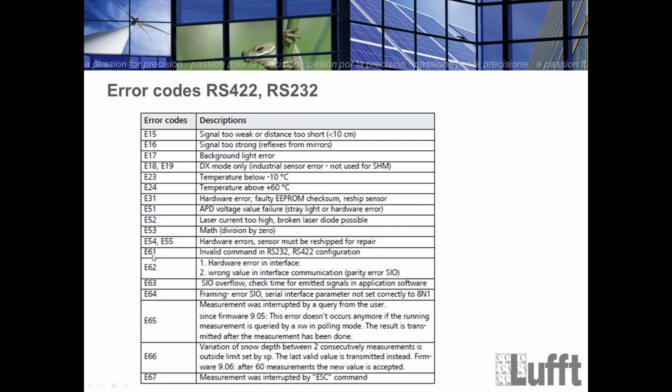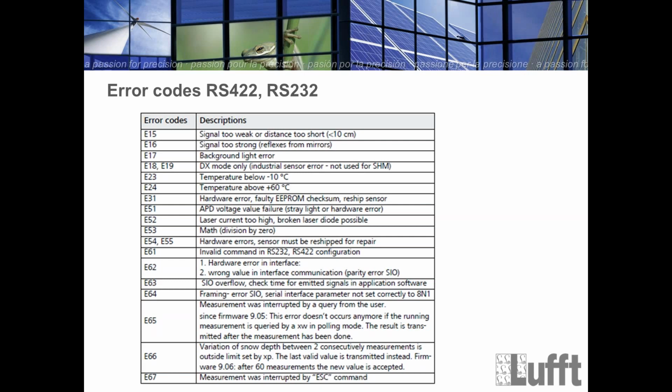And the 61 and the 67, I tested it directly, is the interruption by the escape command in principle. Good. I have not mentioned one, and this is E66. I have not set these values in my presentation yet. This is a kind of value which can be set by the variable XP. It is used if you want to say that between two different measurements, the snow depth value can, for example, only change by 2 centimeters.